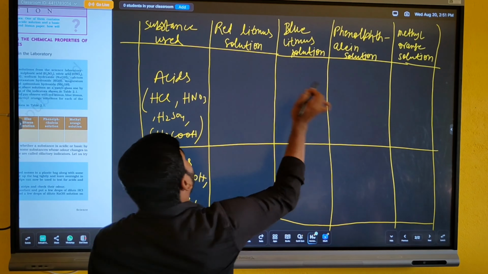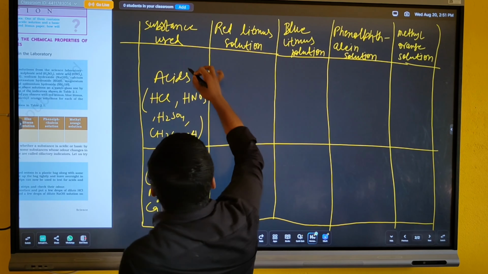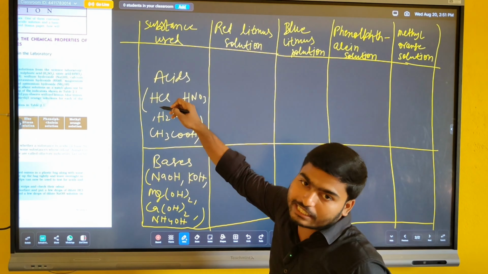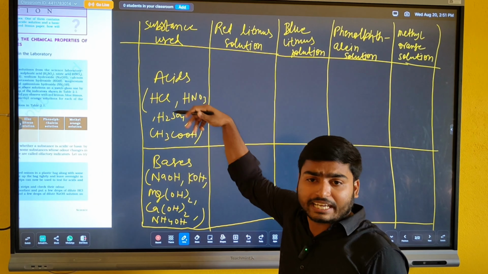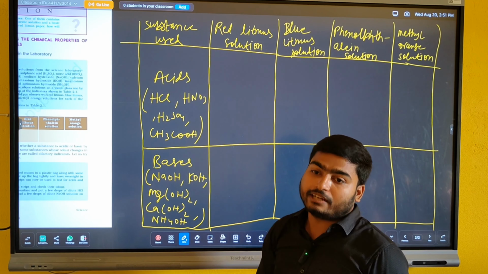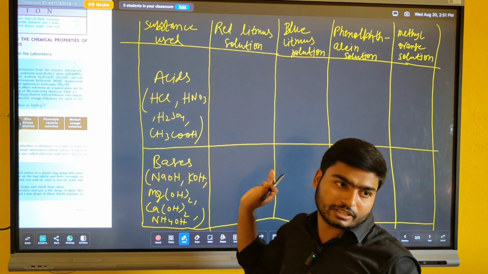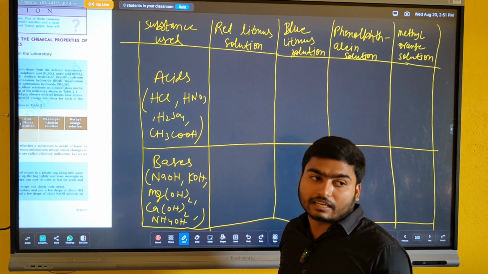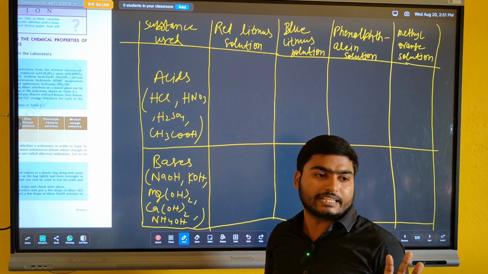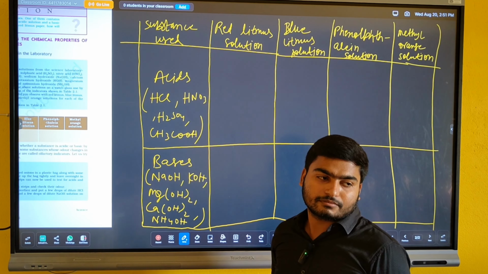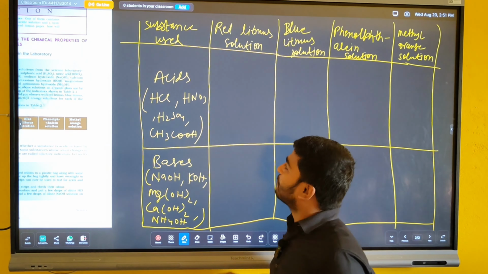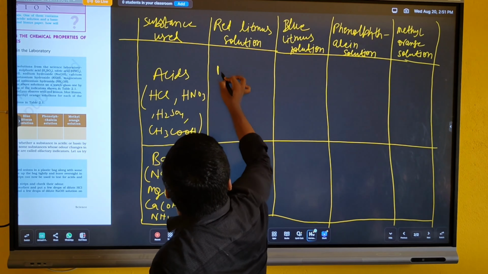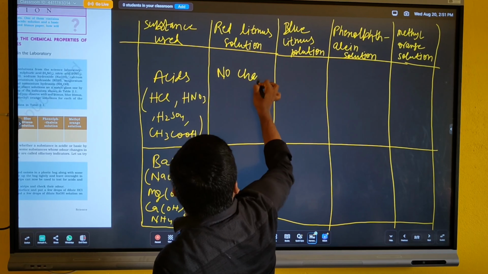When you put any of these acids, HCl, HNO3, H2SO4, CH3COOH, in red litmus solution, there won't be any change in color. Did you understand? Yes. Okay, so here we will write no change in color.